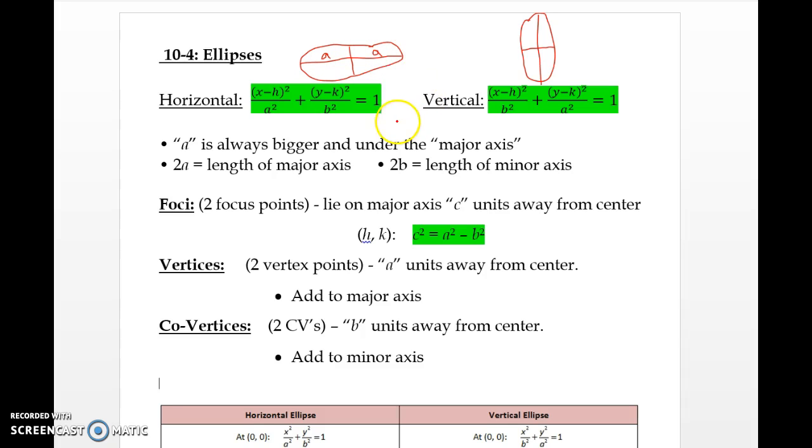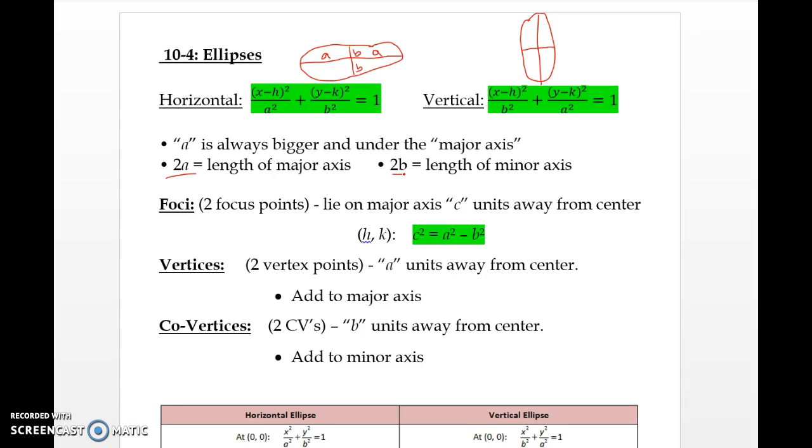So your major axis is 2a. Same thing for b. Your minor, this part is b, this part is b, from your center out in both directions. So if it tells you your major axis is this length, they're really telling you that it's 2a or 2b. Major axis 2a, minor axis 2b.